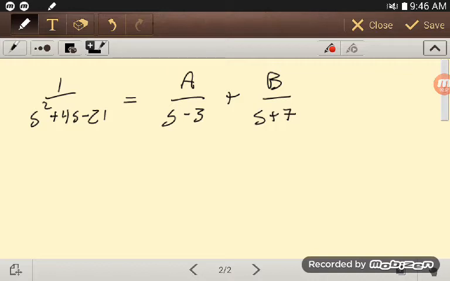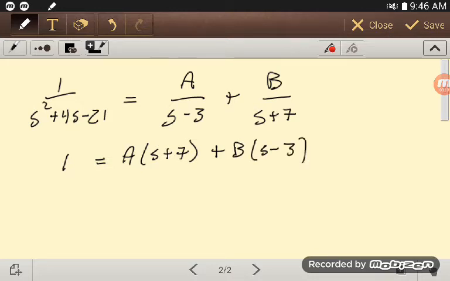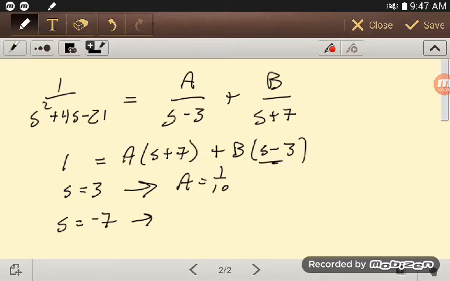Again, get the common denominator and look at the numerator, and we'll have a times s plus 7, and then b times s minus 3. I'm going to let s equal 3. When I do that, I'll get 1 equals 10 times a, so a is 1/10. If I let s equal -7, I'll get a -10, so b is minus 1/10.